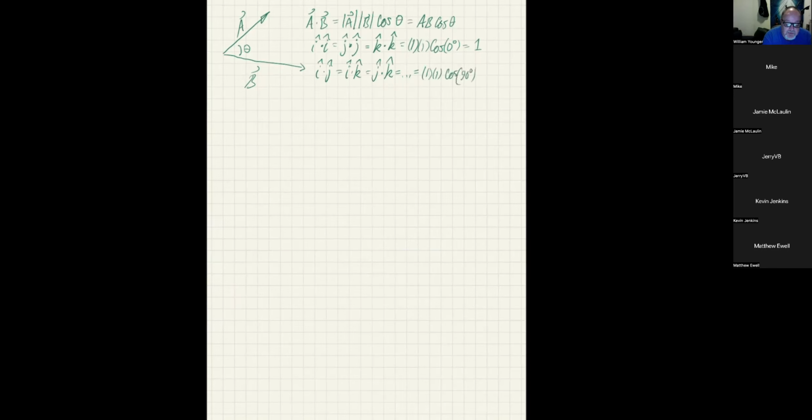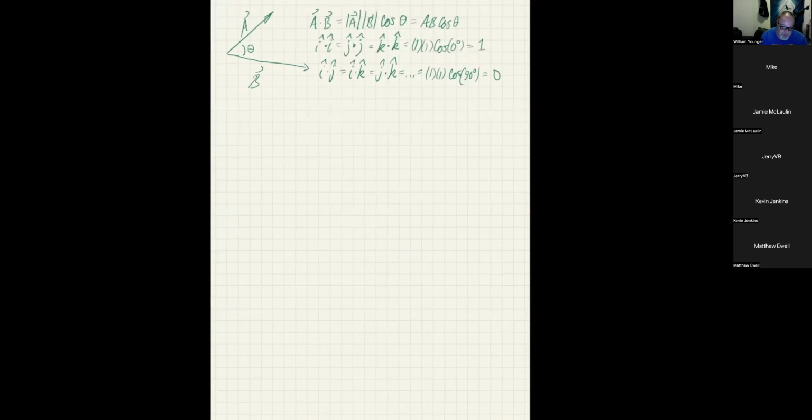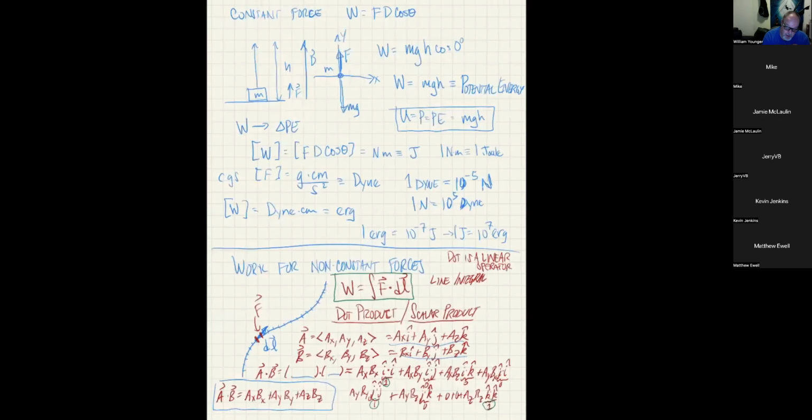And the cosine of 90 degrees is what? 0. So that's why we got the zeros in here. As you can see, I'll underline these with blue. So you can see that's where those zeros came from.